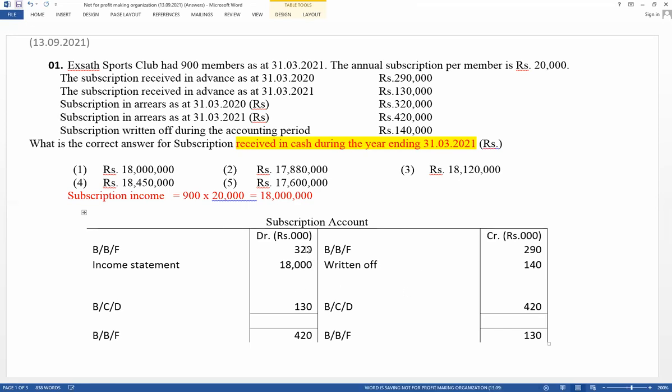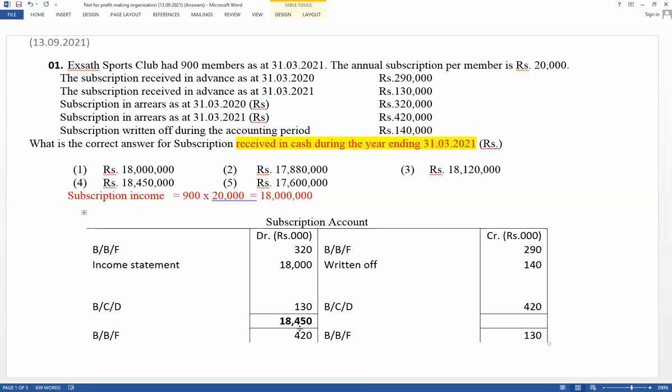Now, by closing subscription accounts can be recognized subscription received in cash. Right now, close the subscription accounts. Take the debit side total amounts. Therefore, debit side total amount equal 18,450.